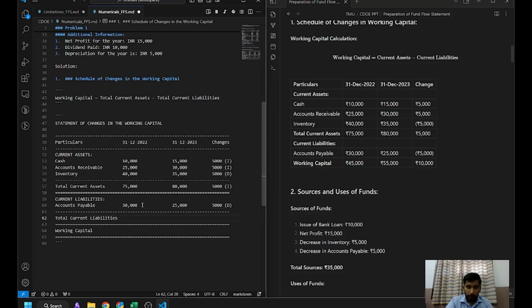Hence, my total current liability came out to be 30,000, and total current liability here came to be 25,000, making it a decrease of 5,000.